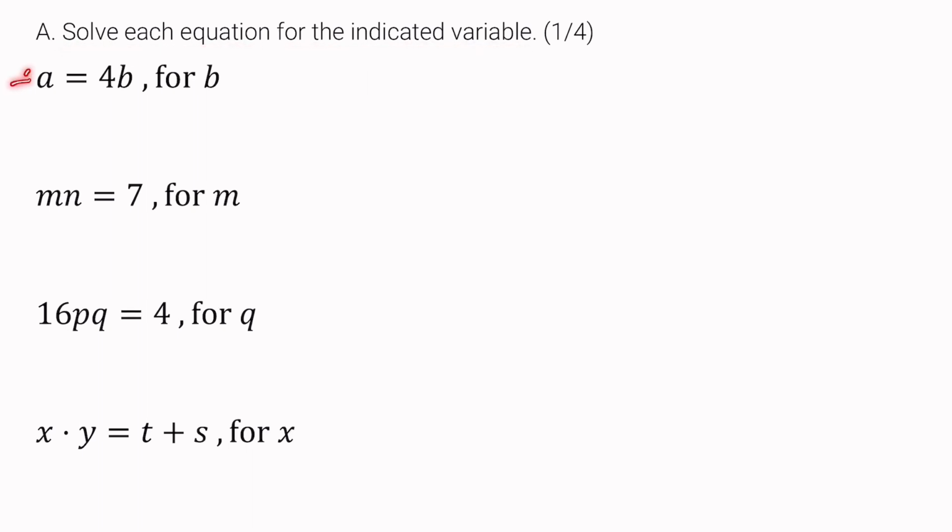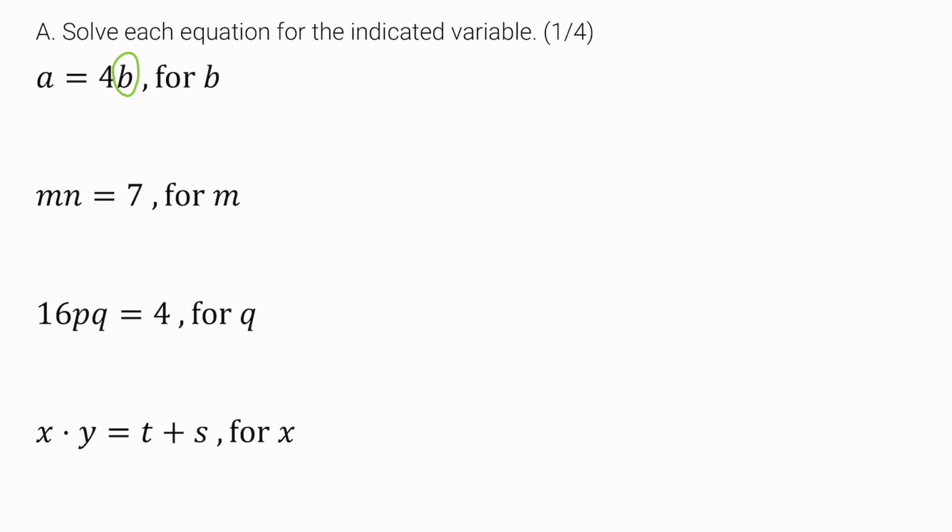The first question has us solve for b in an expression that says a is equal to 4b. I am going to start by making a mark on the variable that we want to solve for, and that is b.